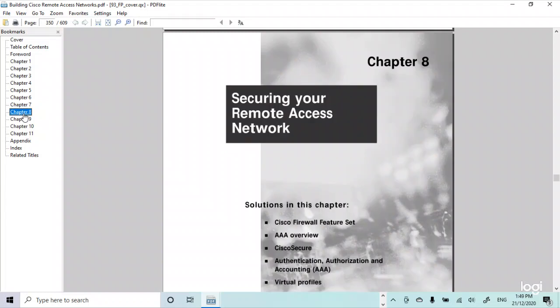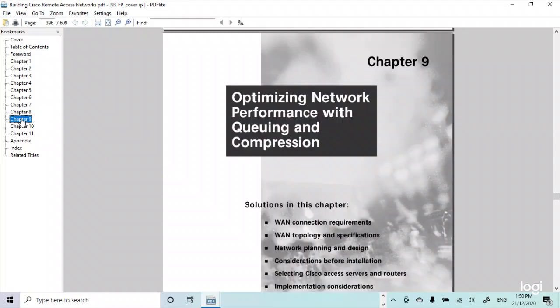Chapter 8 is a security issue: securing your remote access network. Chapter 9 explains optimizing network performance with queuing and compression.